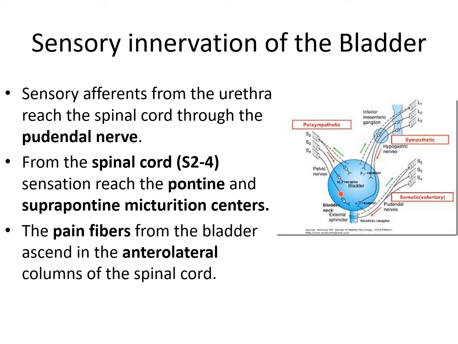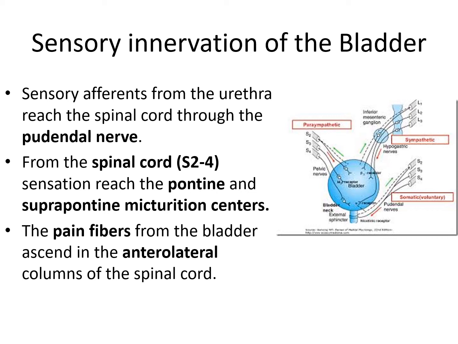Now the pain fibers. That was the stretch fibers. The pain fibers, which are responsible for pain sensation from the bladder, go through the anterolateral column of the spinal cord, not the dorsal column. Now think of a situation which affects the dorsal column of the spinal cord, like tabes dorsalis, syphilis, which mainly affects the dorsal column.